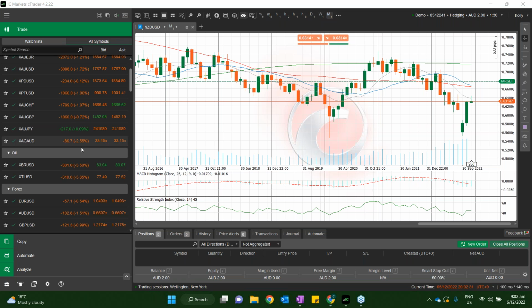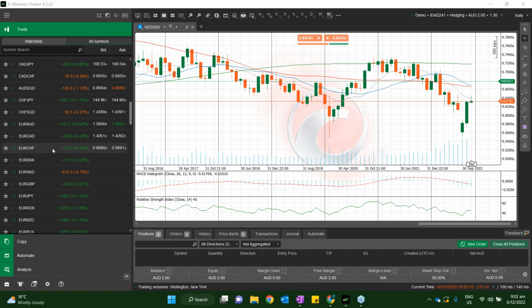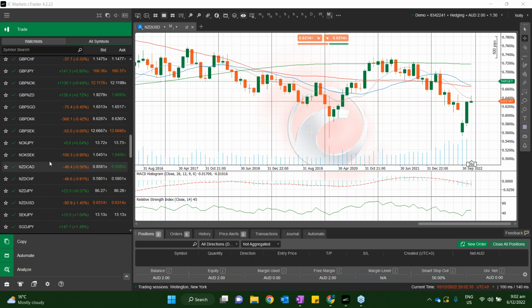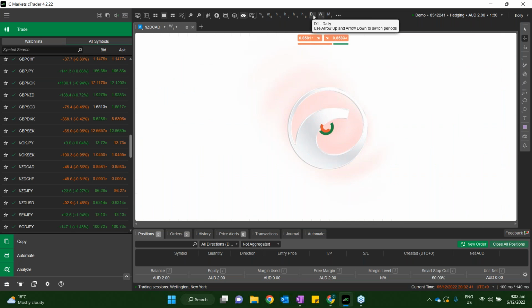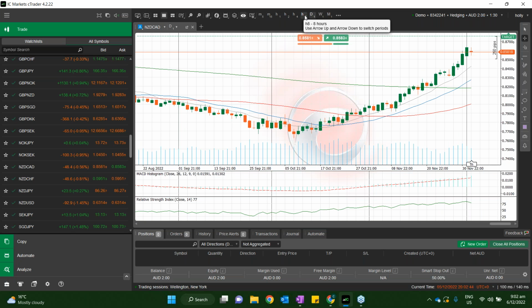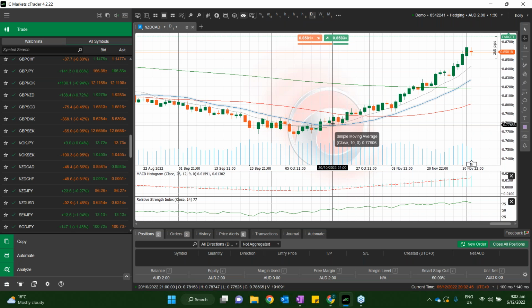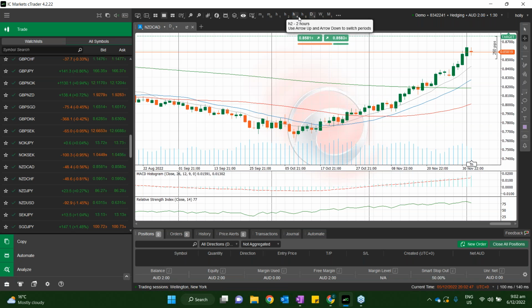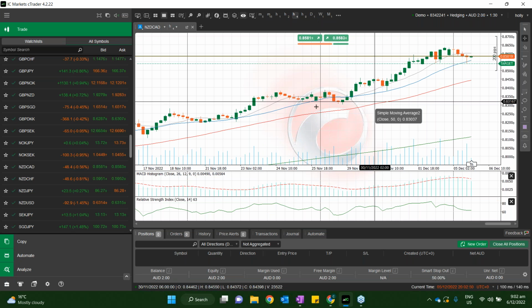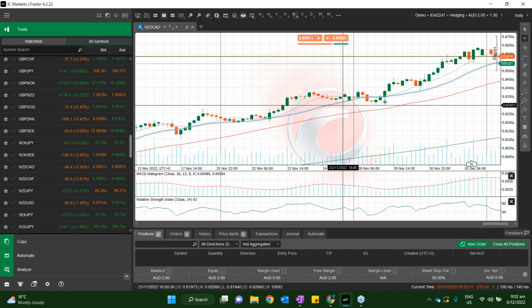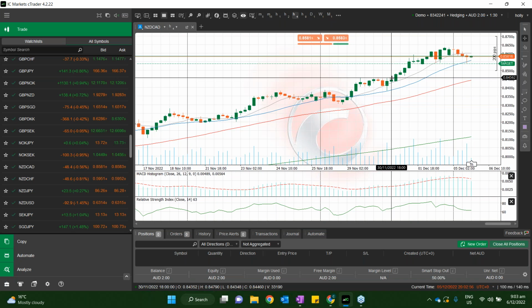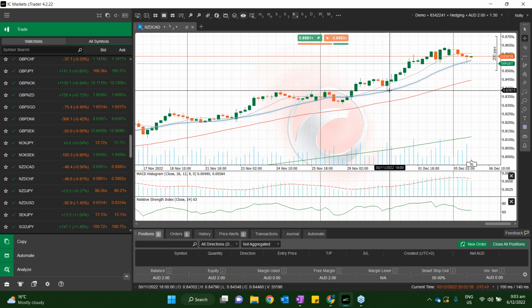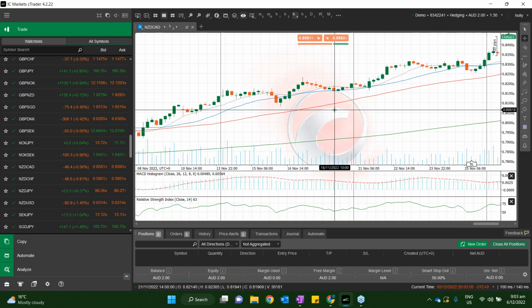For instance, the NZCAD that we just looked at. Say you're getting in, where's a good one? There. This is why you also want to get on quite small candles.